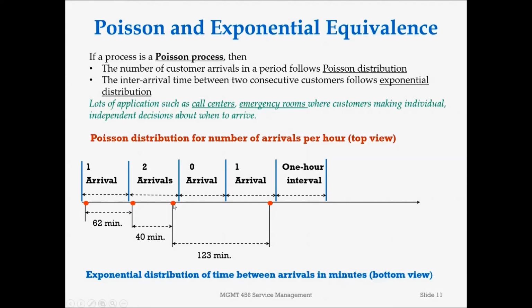The time between the third and fourth customer is 123 minutes. So you can look at the inter-arrival time between two customers. This is called what? Exponential distribution. So the exponential distribution and the Poisson distribution model the same process, a Poisson process, but we look at the same process from different perspectives. One is looking at the number of customers in each hour. The other is looking at the time between two customers.